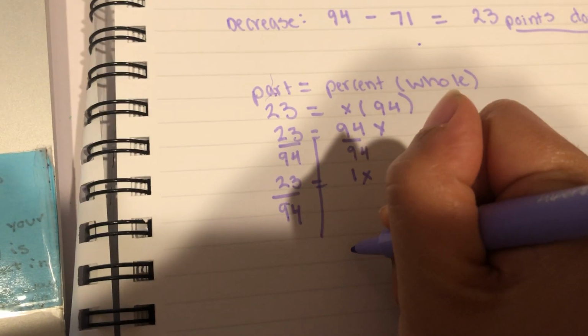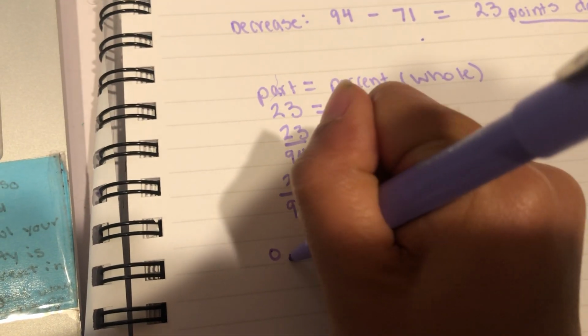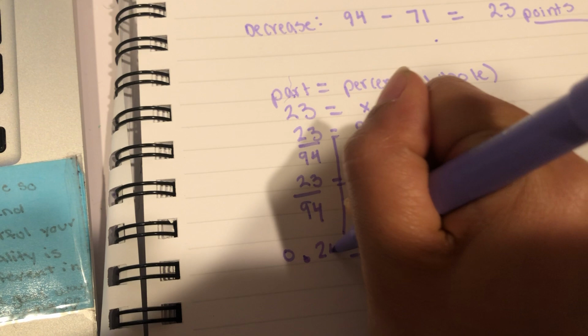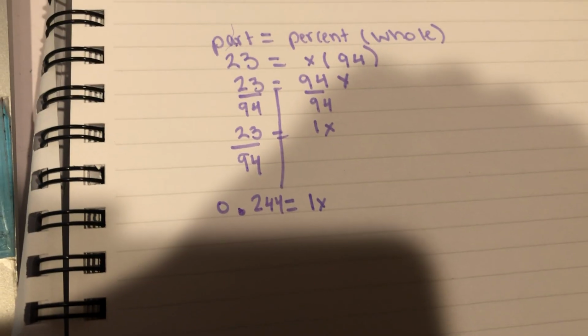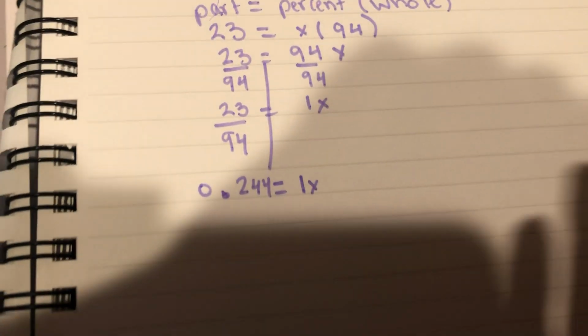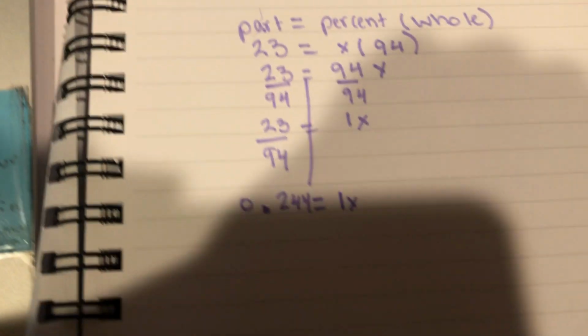So what I'm going to write is 1x equals 0.244 thousandths. Okay, now that makes sense. I'm going to have a number that is less than 1. Absolutely. Nobody's going to have a whole cookie over here out of these 94 people with my 23 cookies.